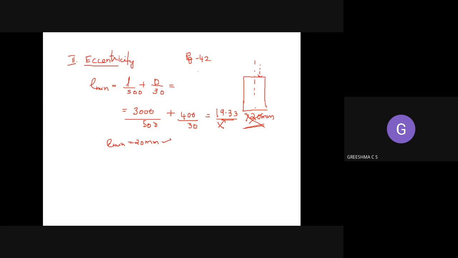So ignore the previous value, because IS code is telling minimum ഒരു 20 mm ഉണ്ട് എന്നുള്ള രീതിയിൽ വേണം നിങ്ങൾ ഡിസൈൻ ചെയ്യാൻ. That is what IS code is mentioning. Minimum ഒരു 20 mm എങ്കിലും ഉണ്ട് എന്നുള്ള assumptionൽ വേണം you have to design the problem. So take E minimum as 20 mm.